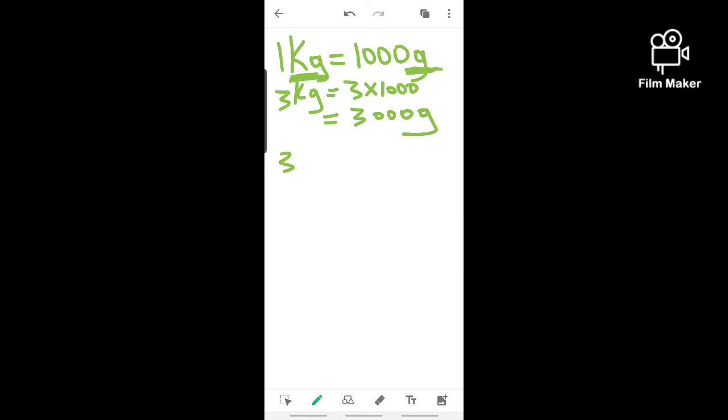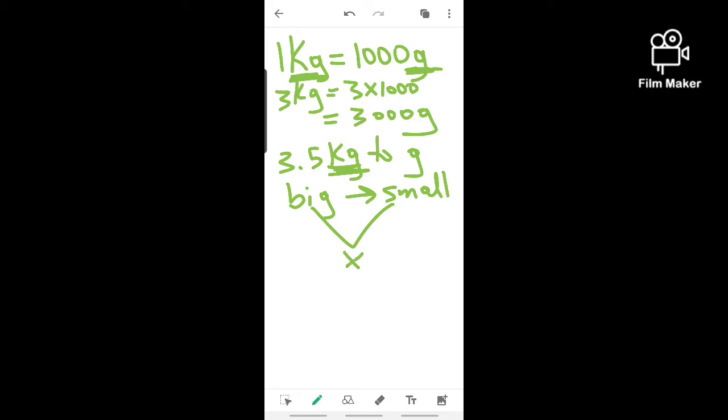So if I said what is 3.5 kg to grams, we're going to ask ourselves, is this big to small or small to big? Kg is the bigger unit, so we have big to small. Anytime we have big to small, we're simply going to multiply. So all we're going to do is say 3.5 times 1,000.